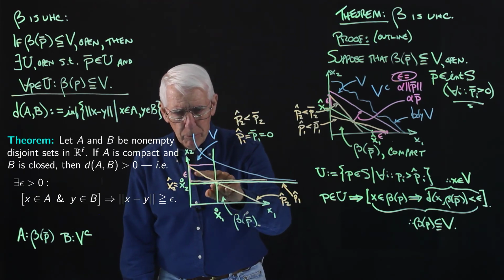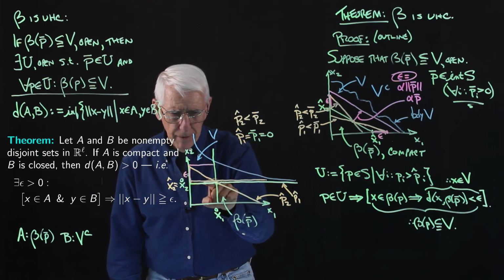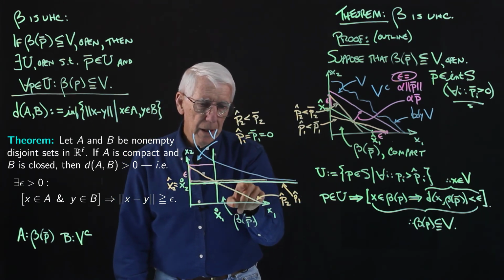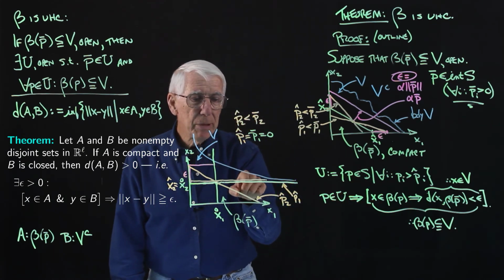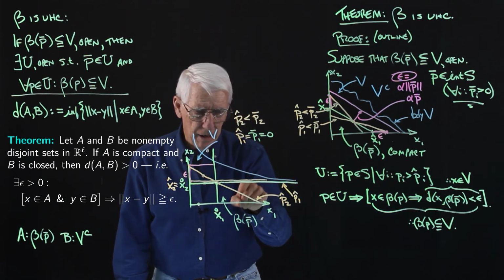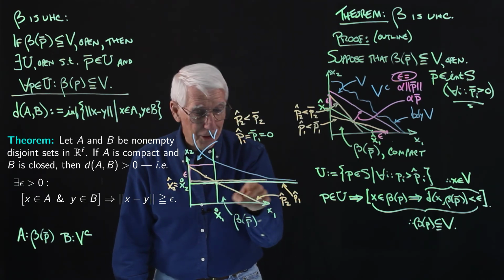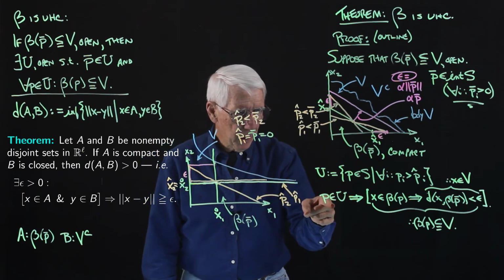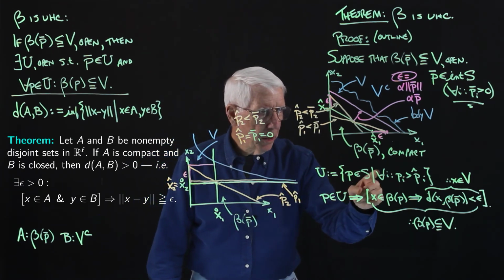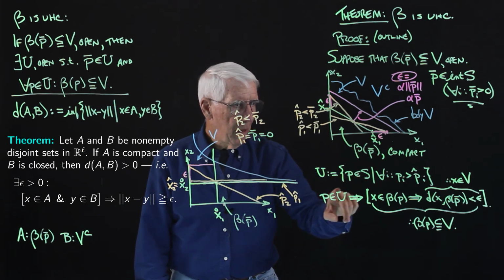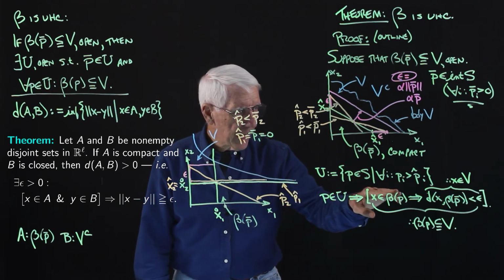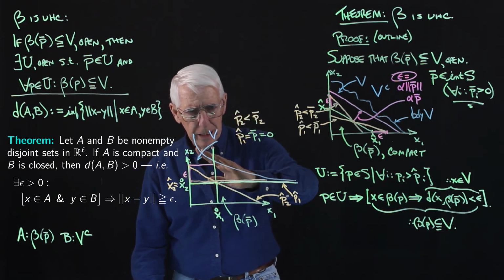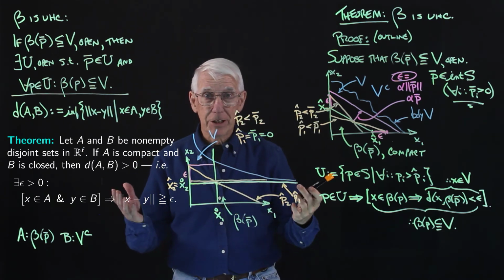Over here, it will be within epsilon of beta of P bar because we're down here. And on this side, any such bundle will actually be in the budget set for beta of P bar, so certainly within epsilon. So we have, again, that for any price list in our neighborhood of P bar, U, the budget set will be a subset of the open set V down here. And that completes the proof.